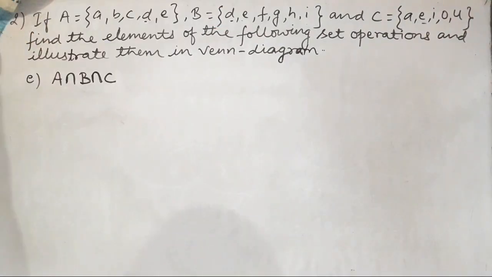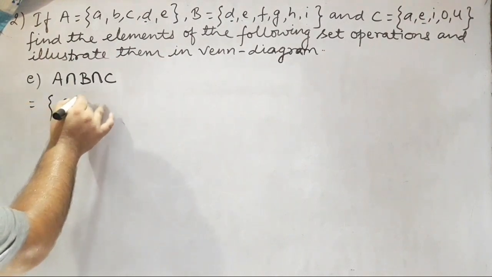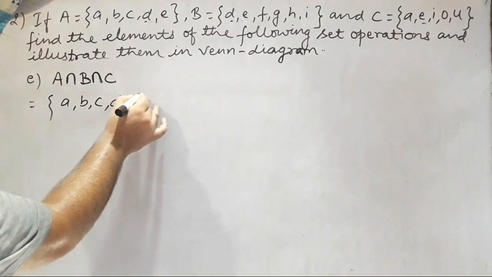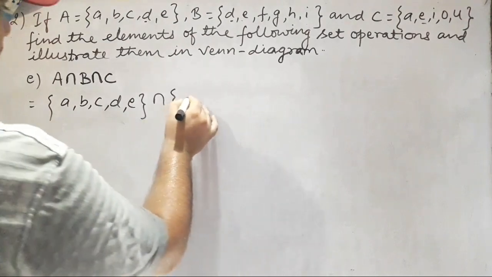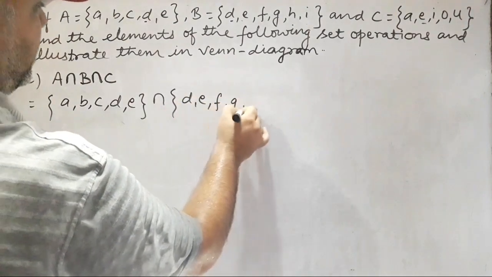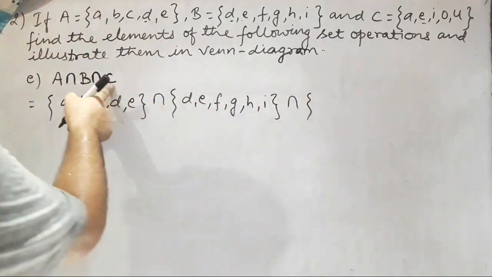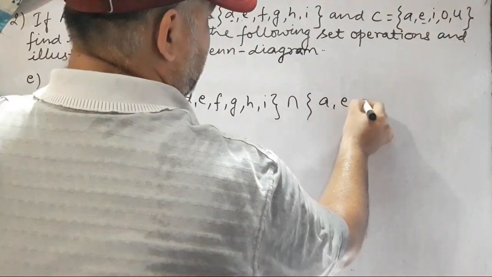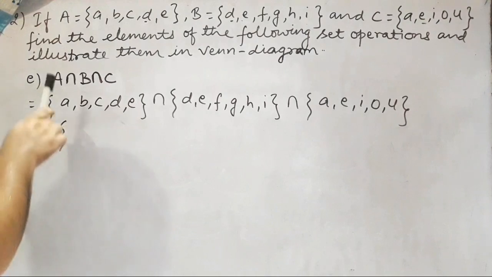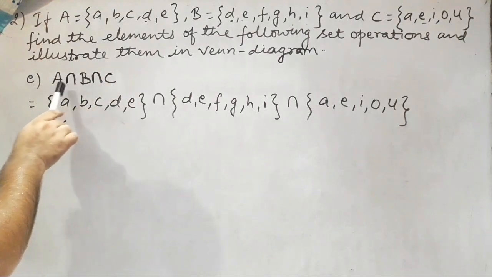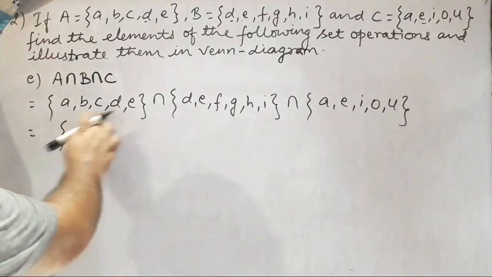The next question, A intersection B intersection C. Elements of A: A, B, C, D, E. The elements of set B: D, E, F, G, H, I. The elements of set C: A, E, I, O, U. Since these three sets are intersected with each other, we have to write down the elements which are common to these three sets.